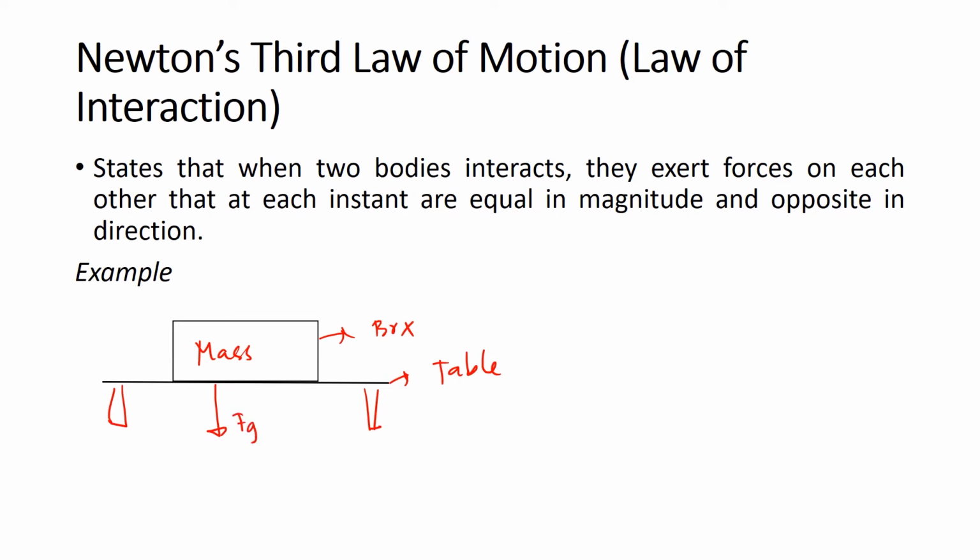But now since we are in the third law of motion, we're going to call this one the action force. Now this action force can be weight, which is given by mass times acceleration due to gravity, and this weight is equal to the action force.